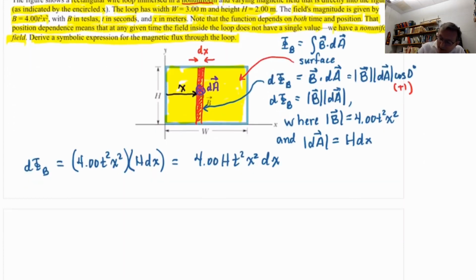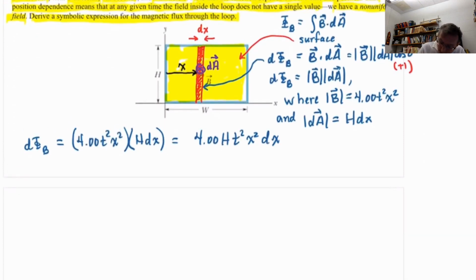Then the total magnetic flux through the large rectangle, phi sub b, is to add up all the magnetic fluxes, d phi sub b, through all the rectangles inside that loop. And so that means I have to integrate 4h t squared x squared dx.